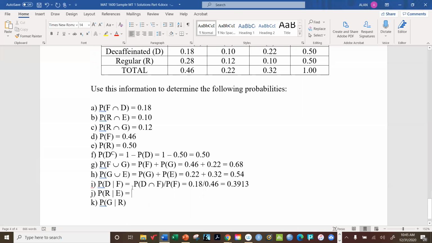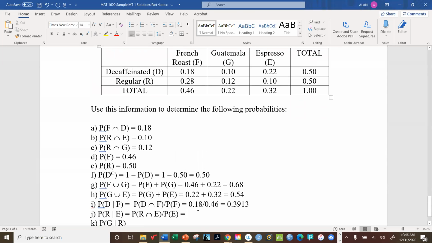Okay, now this one is regular given espresso, so we need in the numerator R and E over E. So R and E means regular espresso, 0.10. And E by itself is 0.32. And that's exactly 0.3125.